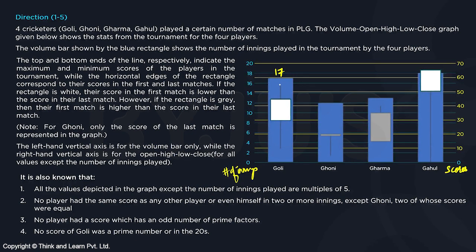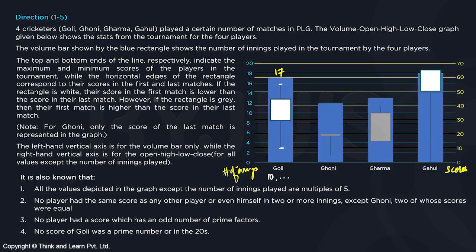So this is a score which is between 50 and 60, right? And this is a score which is 10. So from here we can say that the lowest score of Goli is going to be 10 and the largest score is going to be between 50 and 60. It can be any number.